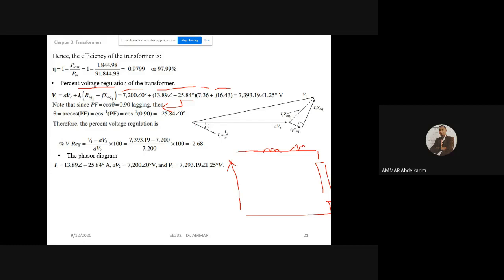So the voltage drop has been added to the no load voltage. So this is the full load voltage. Then we have calculated the voltage regulation. Of course, here we said that the reference can be changed.